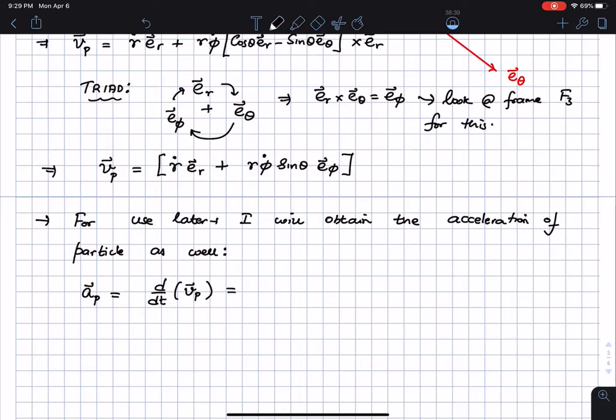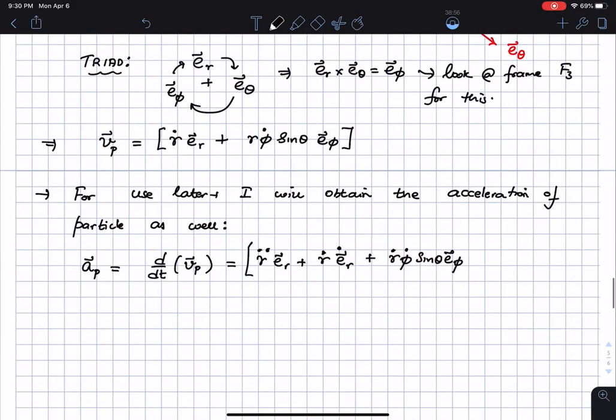If I do that, that's going to be R double dot ER, then R dot E dot of R, then R dot phi dot sin theta E phi, and two more terms: plus R phi double dot sin theta E phi, then R phi dot theta dot cos theta E phi, and lastly R phi dot sin theta E dot of phi.